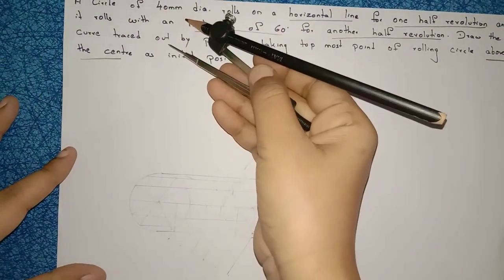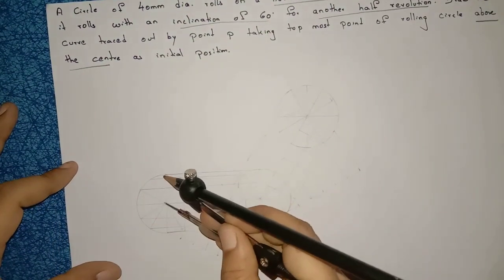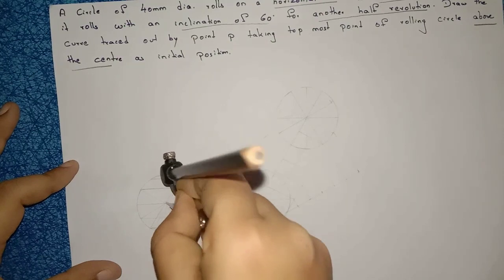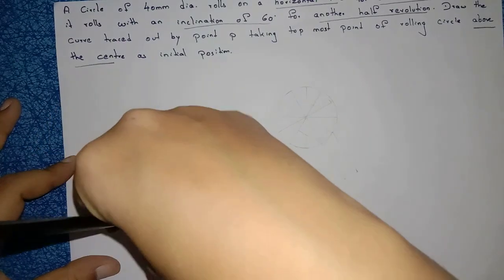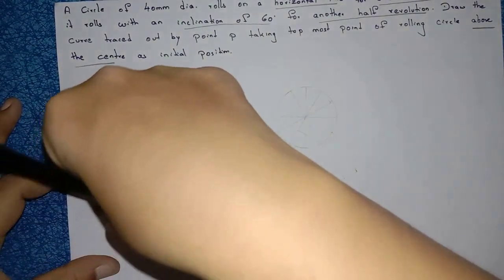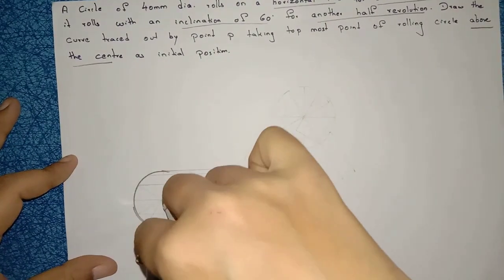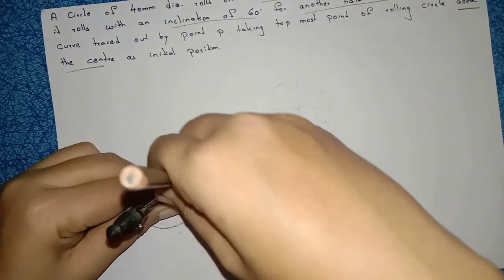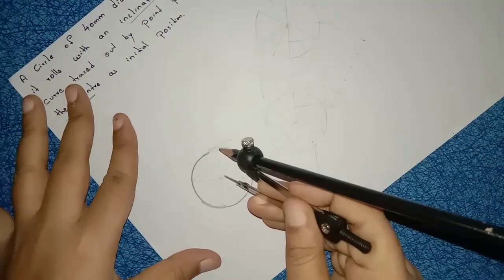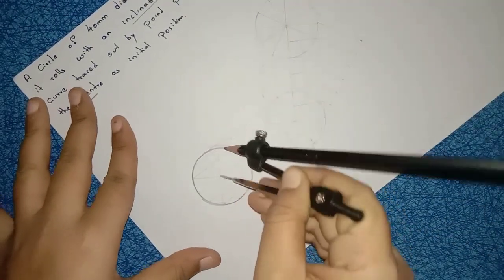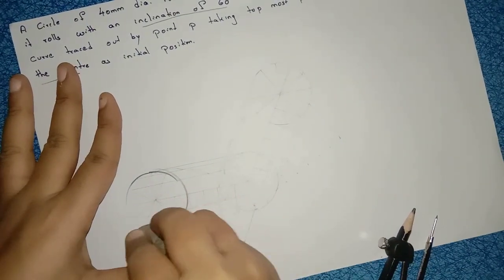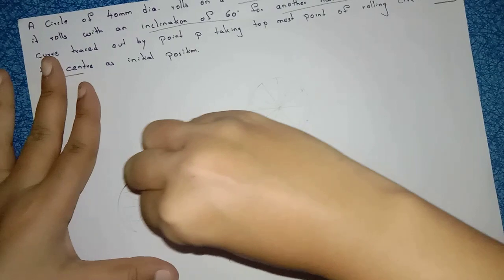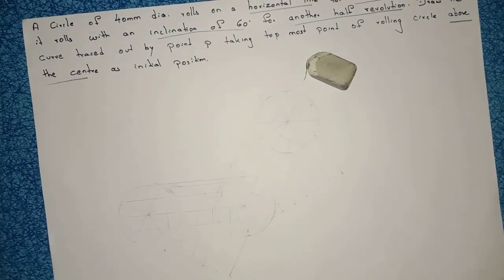Right. So the circle diameter is 40 mm. So the radius is 20 mm. First I am drawing the circle of radius 20 mm. Take 20 mm radius.